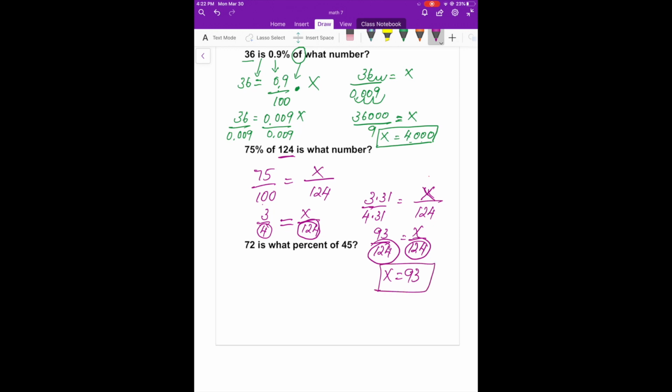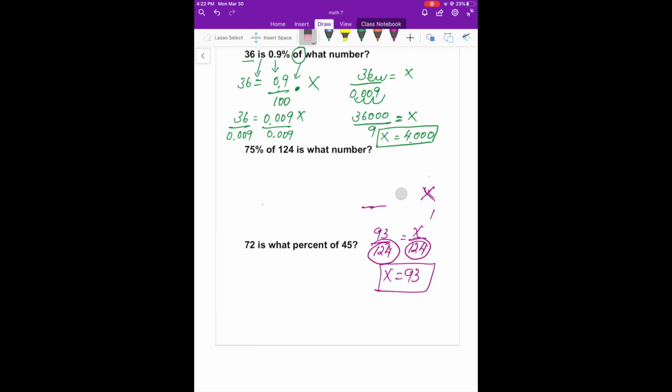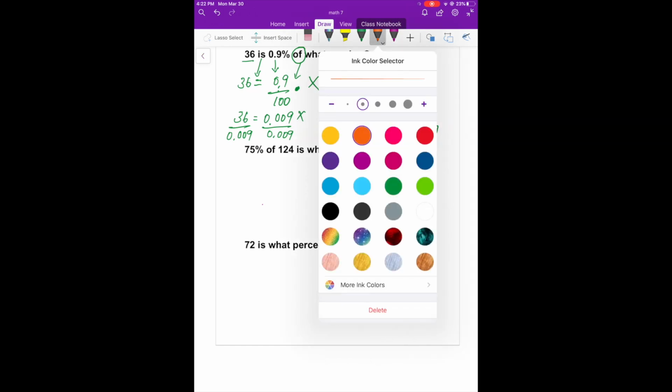So we did a lot of problems, and I hope you understand the concept of equation and proportion, and you will be able to choose the easier method for you. So now let's do the last problem. 72 is what percent of 45?